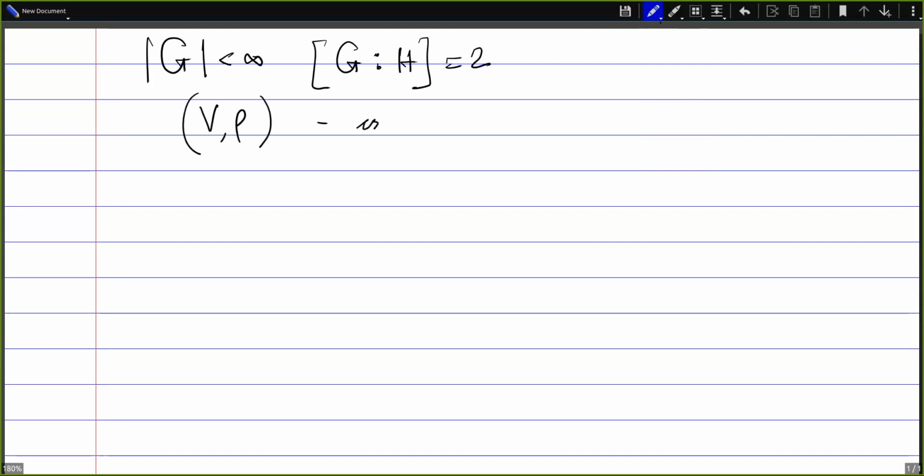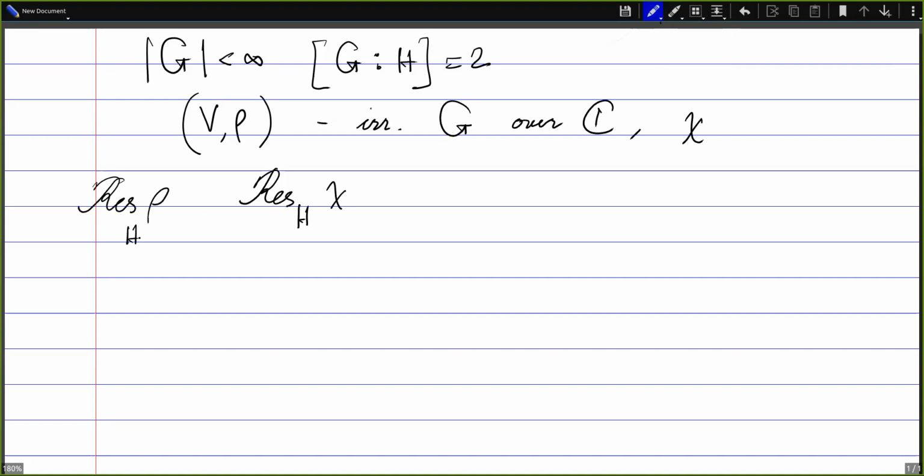Recall that for a finite group G with a subgroup H having index 2, and for any irreducible representation rho of G over C with character chi, we can restrict the character to H. So the restriction of chi is going to be the character of the restriction of rho to H.